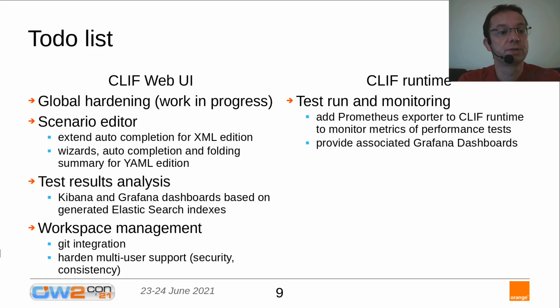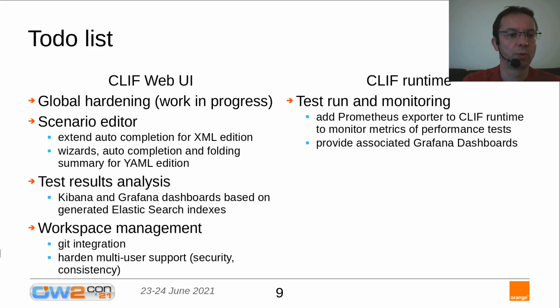We are now using CLIF Web UI and will gradually harden and improve it with regard to scenario and test plan edition, as well as test plan deployment and execution. As far as analysis of test results is concerned, we'll focus our efforts on Kibana and Grafana dashboards based on test measurements that now can be gathered in Elasticsearch.